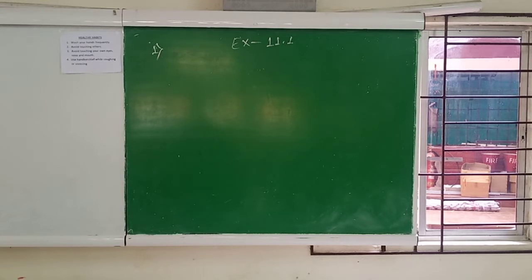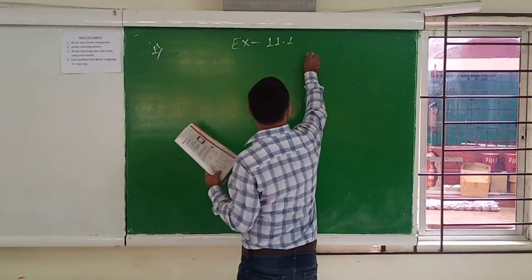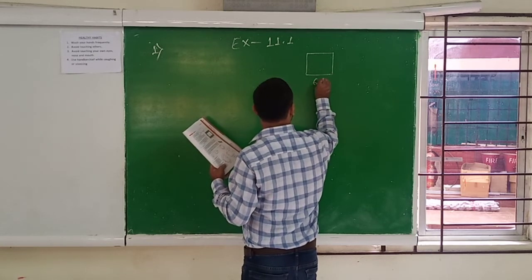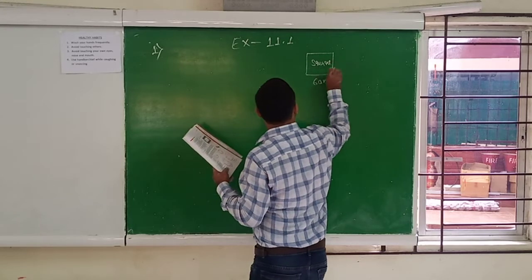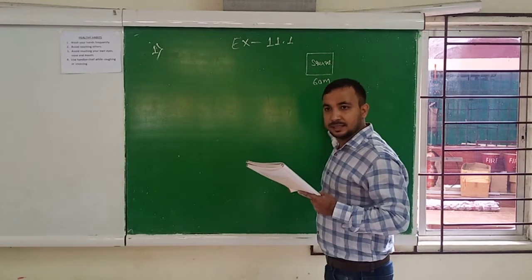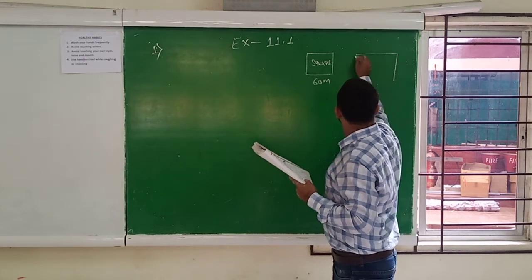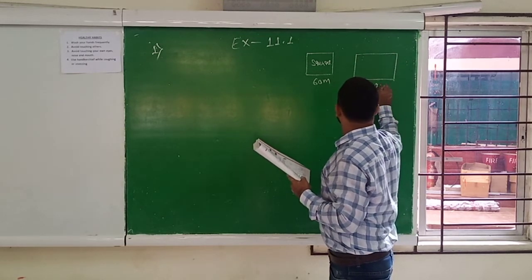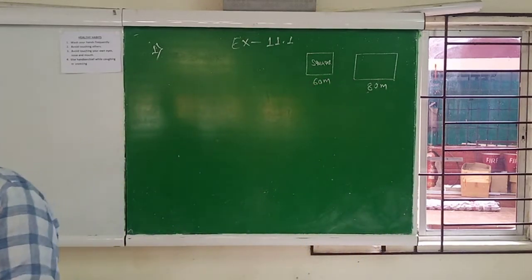So now there are two figures given in your question. One square is given, like this, the diagram is there. So in your book, please go through. This is a square of side 60 meter. And there is one rectangle of length 80 meter. Now you see, for rectangle you need length and breadth.